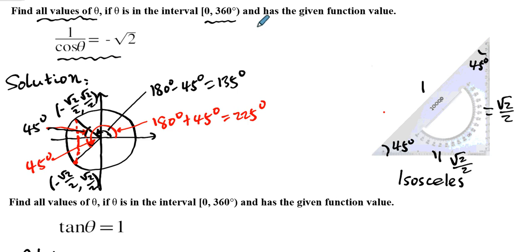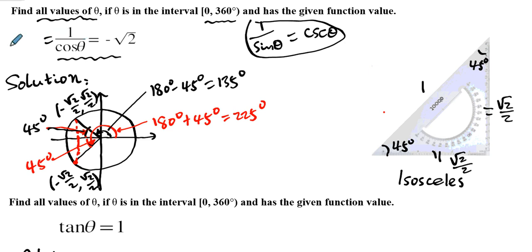Previously, I said that 1 over sine theta is defined as cosecant. And here there is another one: 1 over cosine theta is defined as secant theta.